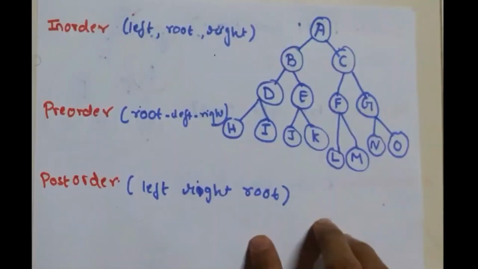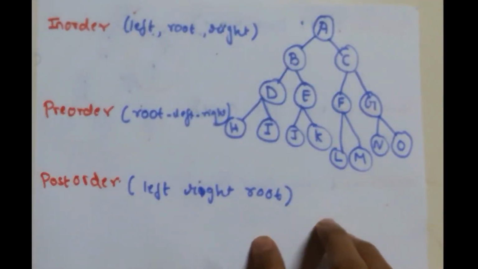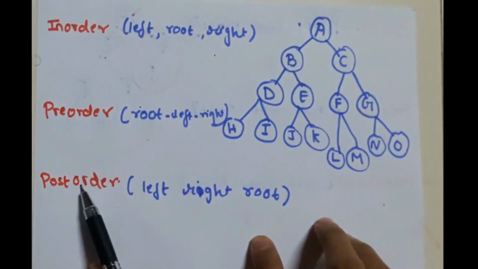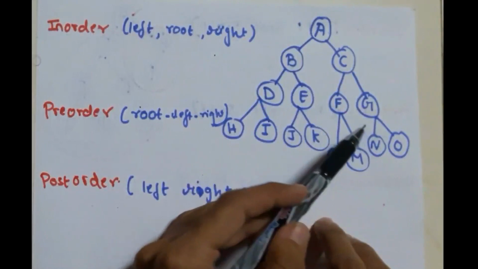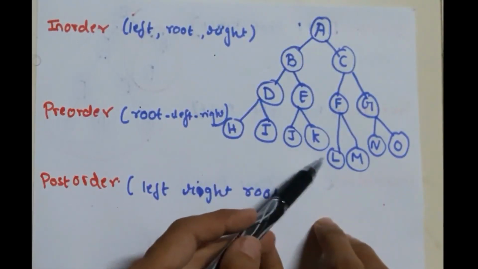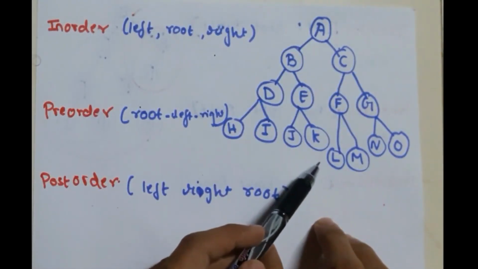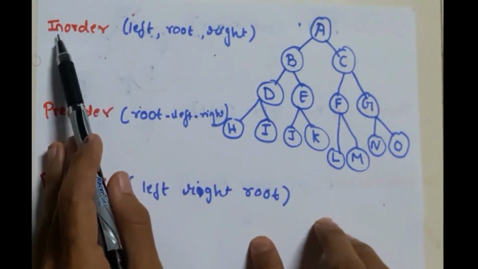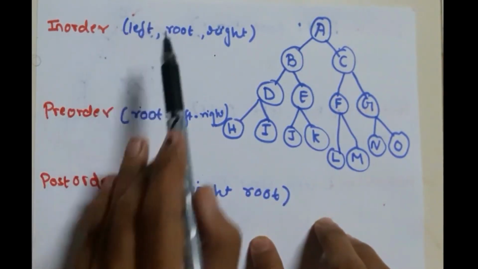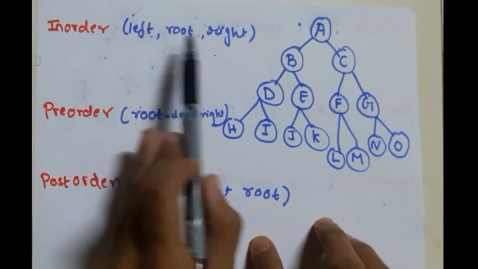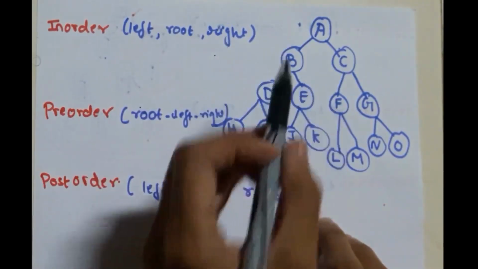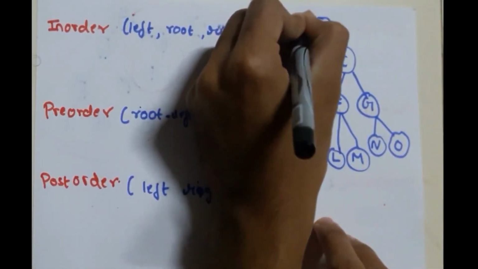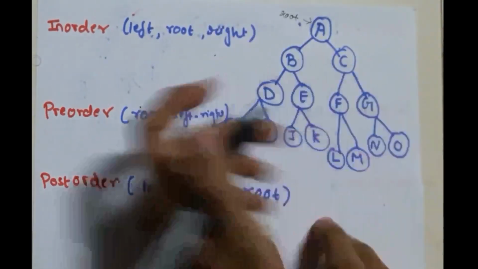Okay. Now we'll see the in-order, pre-order and post-order traversal for this tree. Okay. As you can see, this binary tree is a complete binary tree. Okay. So first we'll solve the in-order traversal. In in-order traversal, the root is in between left and right. Okay. Here the root is A. A is the root node.